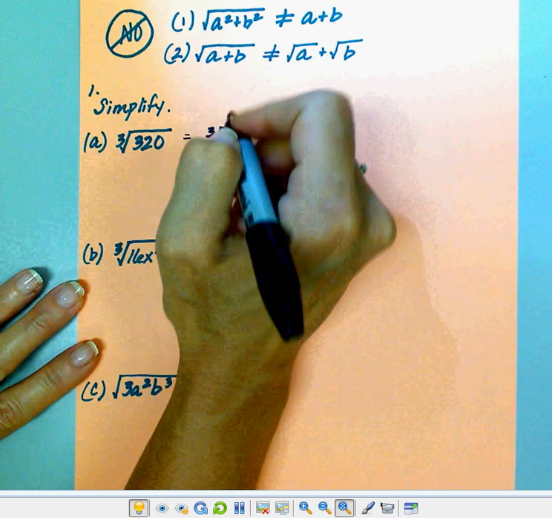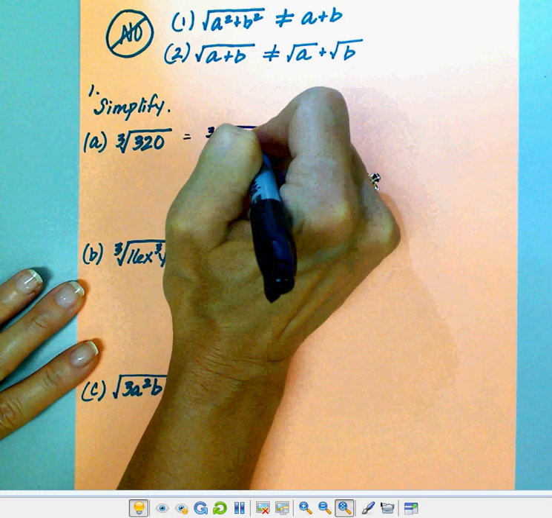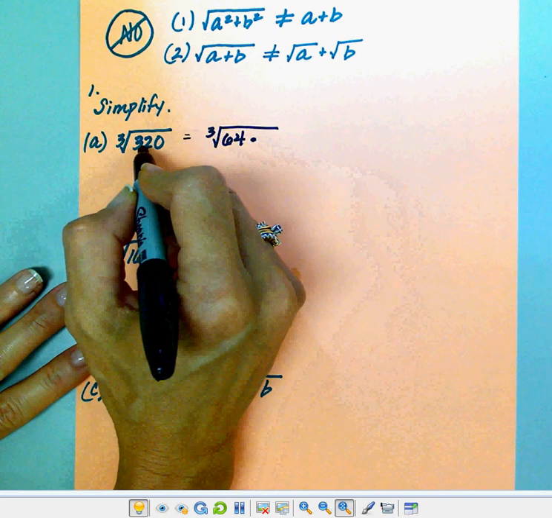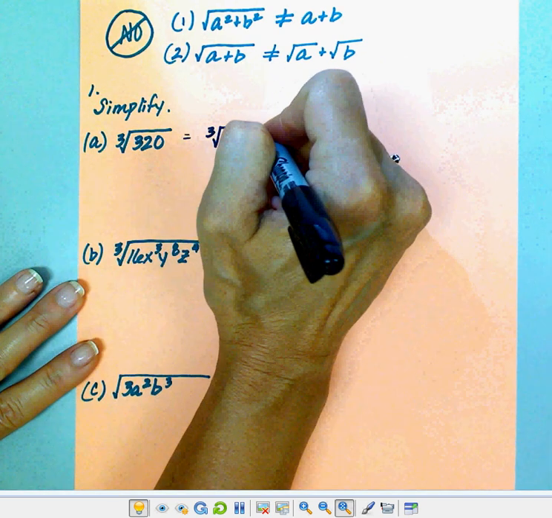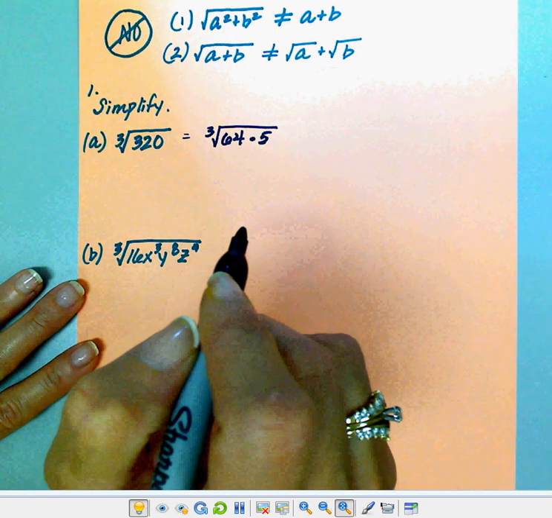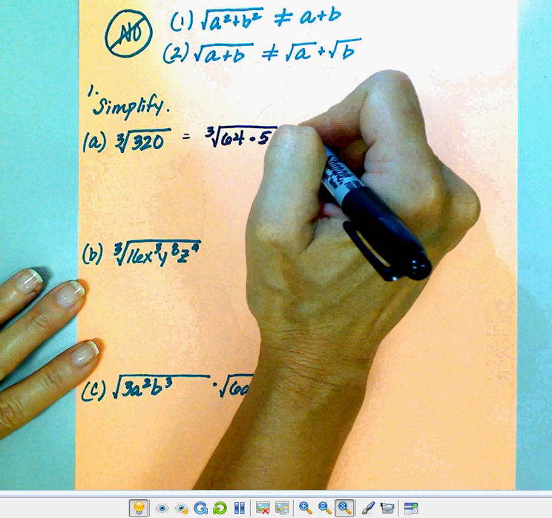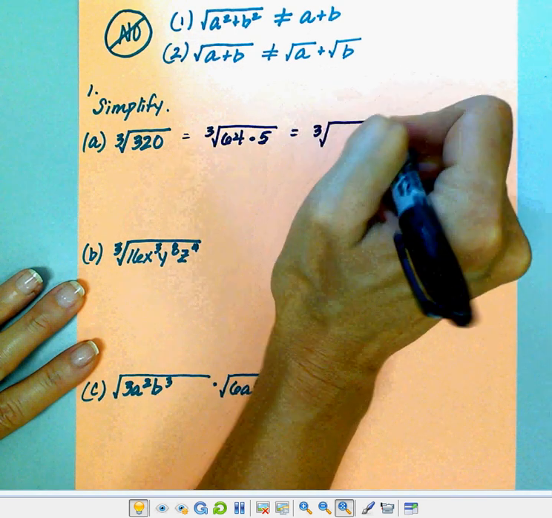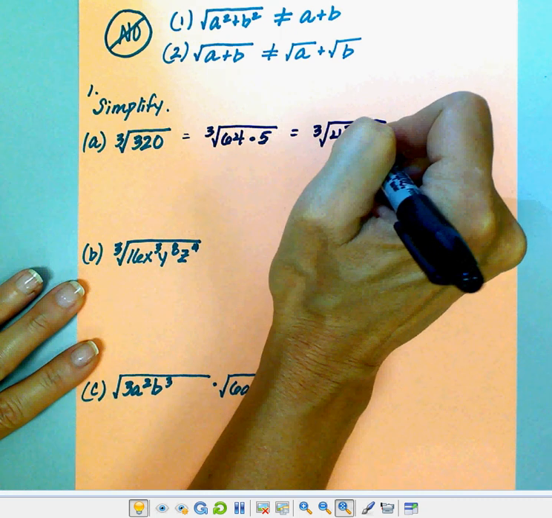And I know 64 is a perfect cube, because I know 4 cubed is 64. So I'm going to rewrite 320 as 64 times 5. Again, looking for a perfect cube. So the cube root of 64, I'm going to just rewrite as 4 cubed.